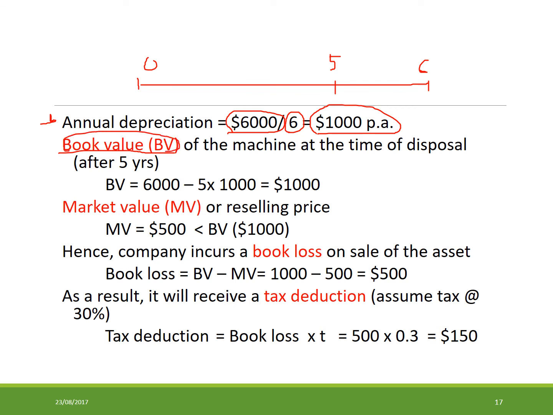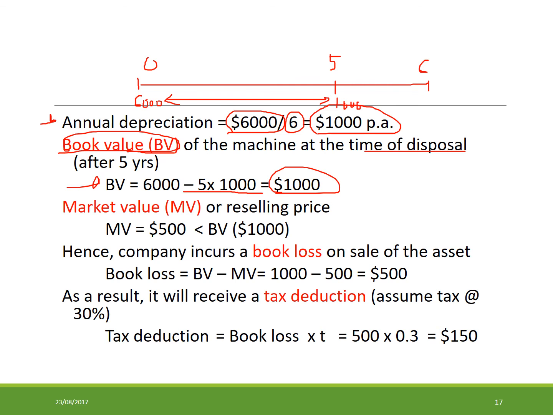The book value of the machine at the time of disposal, or at the end of year 5, is given by the difference between the starting value and how much it has depreciated over time, right? So from year 0 to year 5, given that it depreciates by $1,000 a year, by the end of year 5, the book value therefore becomes $1,000, yeah?